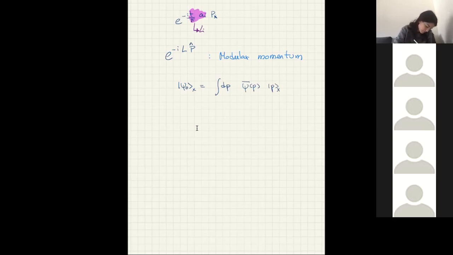So now we have e to the minus i L p acting on phi_0. Well, we can move this thing inside the integral.